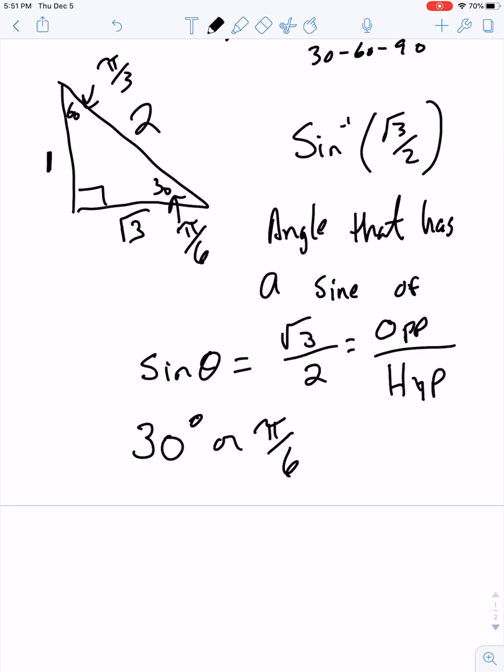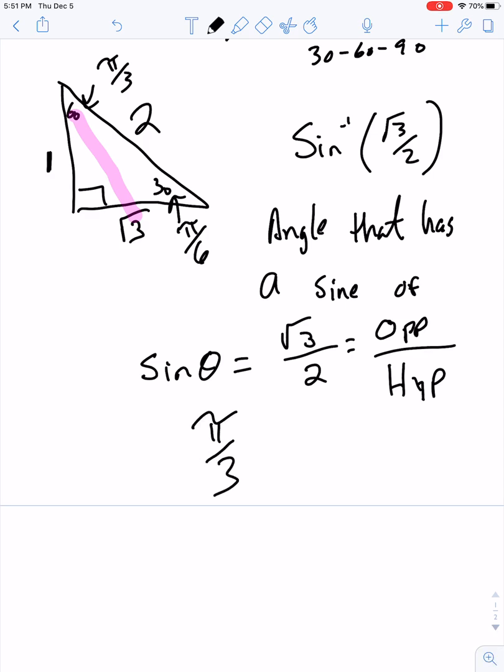Sorry, I don't know why I said pi over 6. That's not the one we were looking at. Opposite the 60 is root 3, so that's going to give us pi over 3.